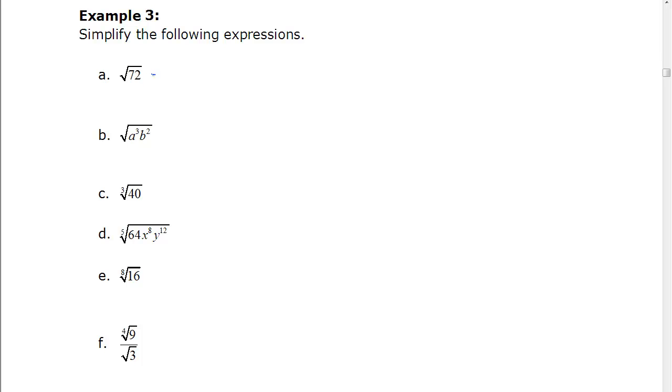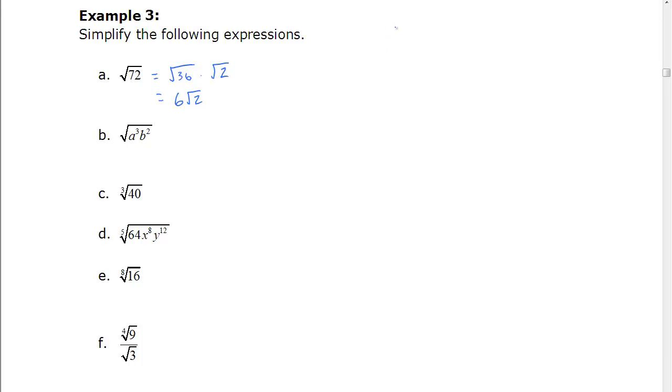So root 72, well, 72 is the root of 36 times the root of 2, because 72 is 36 times 2. And why did we choose 36? Well, 36 is the biggest perfect square that divides 72. So that's 6 root 2. And it helps if you know the perfect squares.